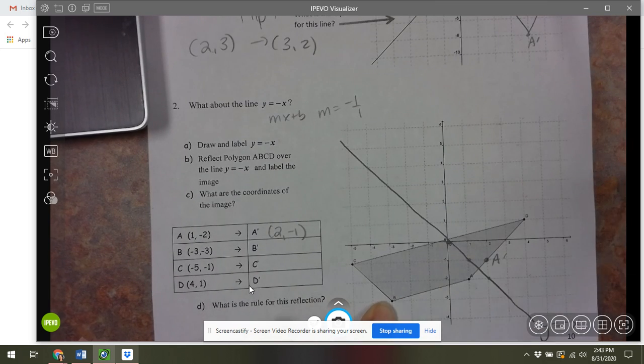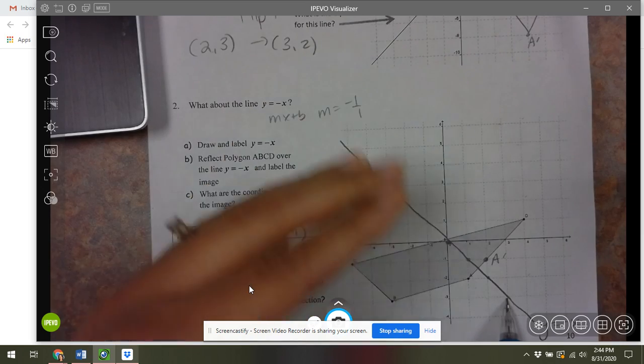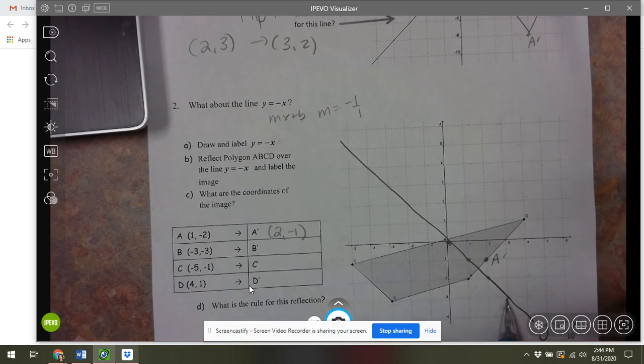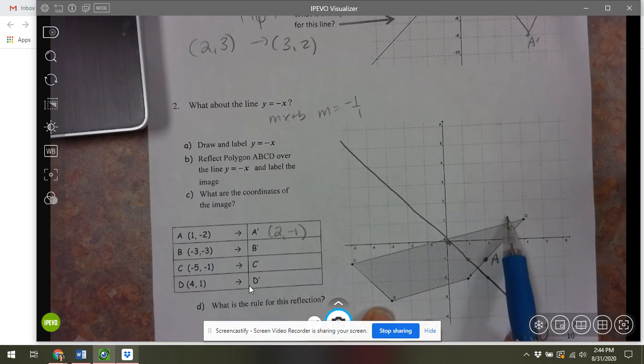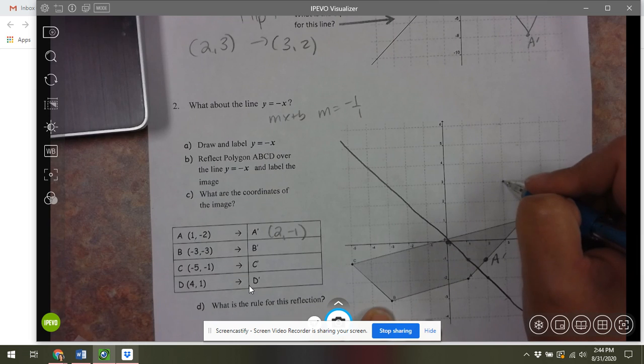So how do I get from B to the line? I go 1, 2, 3, 4, 5, 6 moves, 6 blocks. So I have to go 6 blocks up. It's not this way over here off my paper because it needs to be up here. So 1, 2, 3, 4, 5, 6.